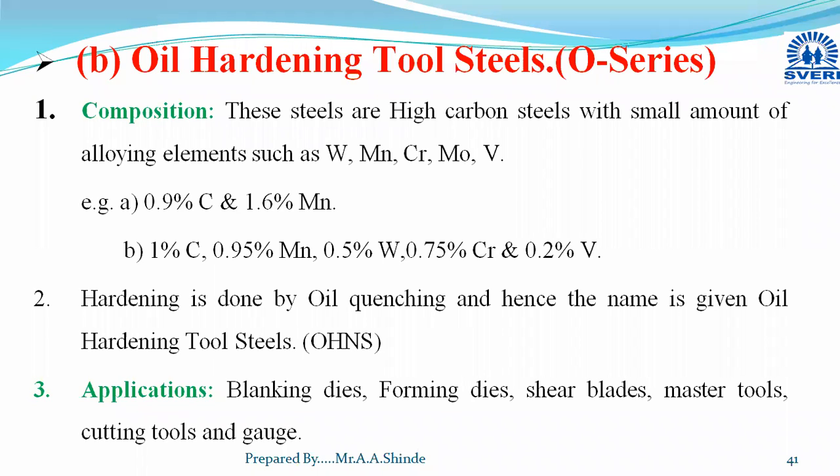Now, related to their composition. In the chat box I have received one query: what is quenching? Quenching is nothing but, during the hardening heat treatment process, we heat that particular metal or alloy to higher temperature ranges, depending on the metal or alloy.